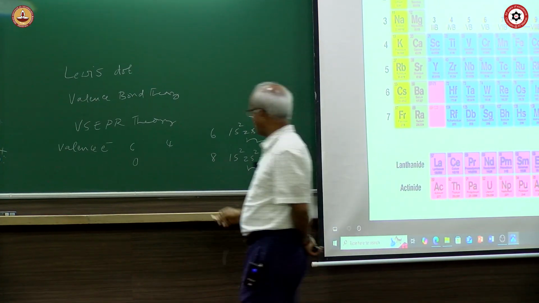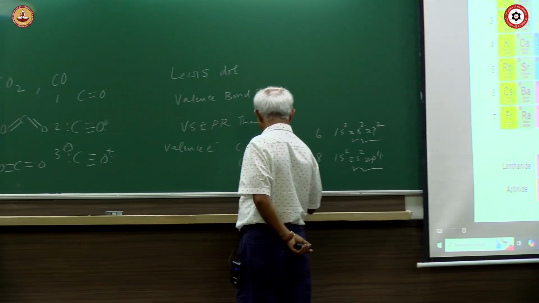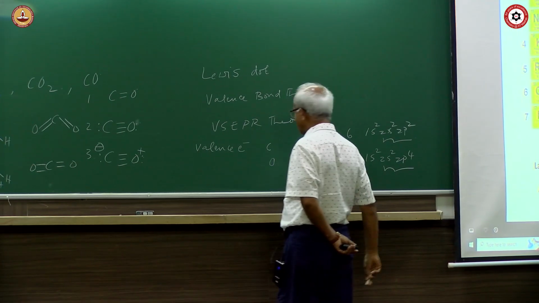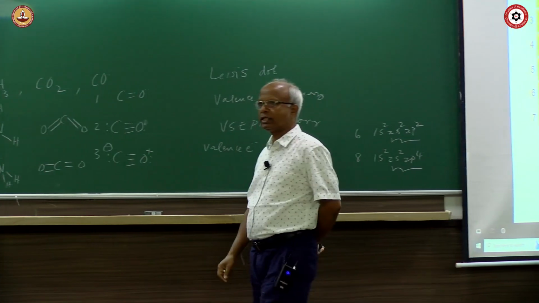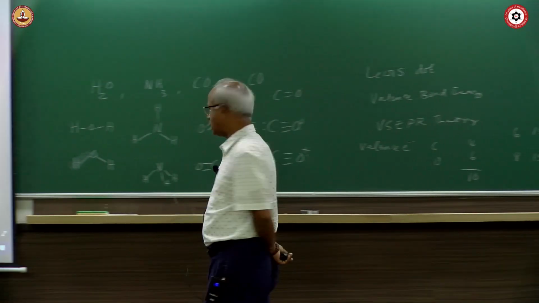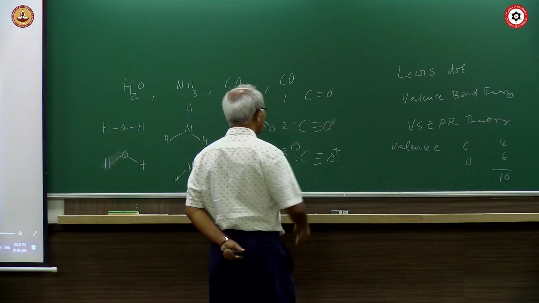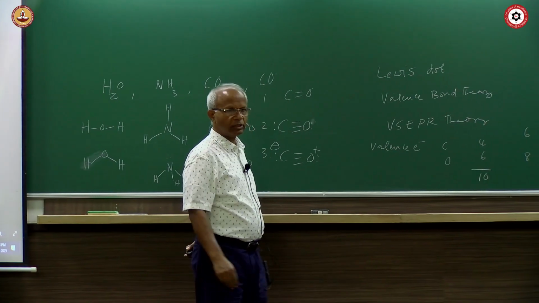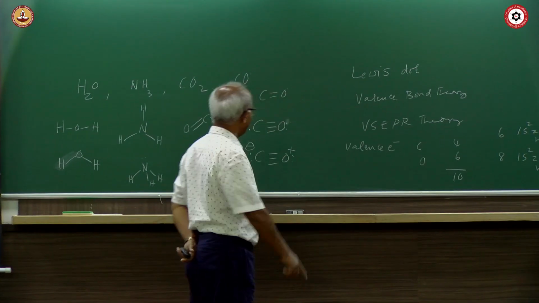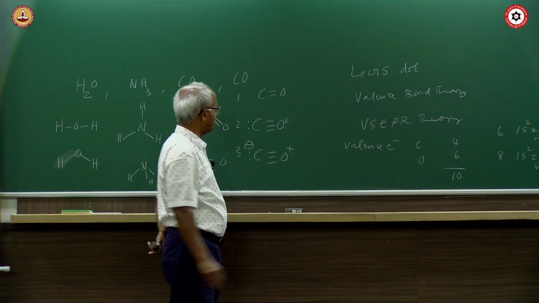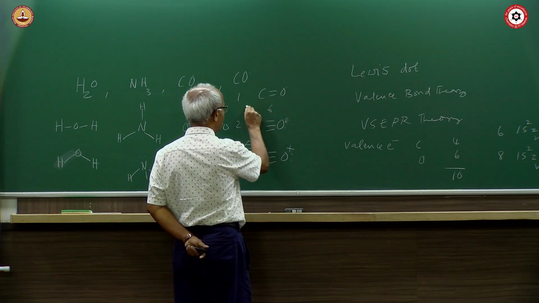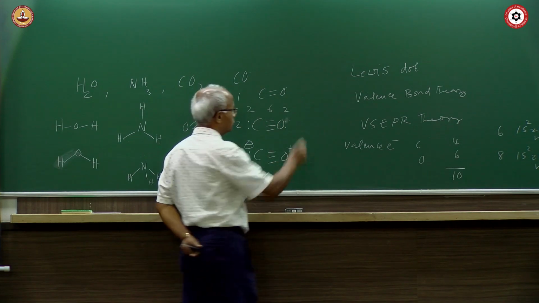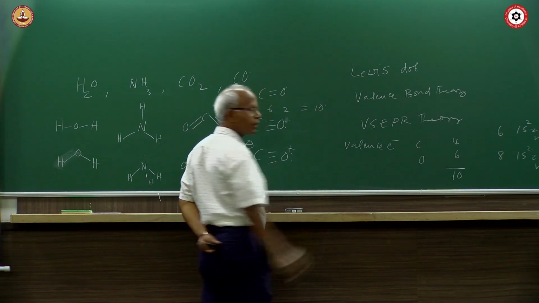So, totally 4 plus 6 will give you 10 valence electrons. Now we have to account for all the 10 valence electrons, correct? Each bond accounts for how many electrons? 2 electrons. So, how many bonds are there here? There are 6 electrons here, 2 here and 2 here. So, total makes it 10, correct?